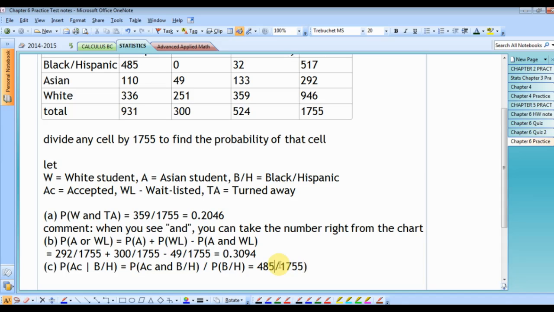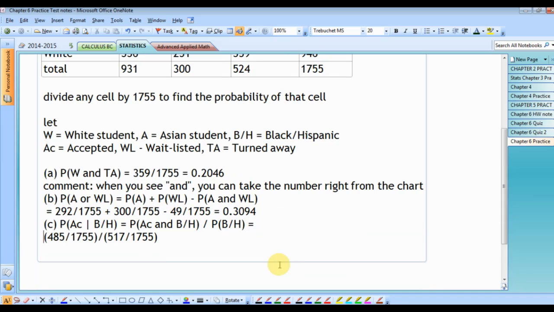And if you feel nervous, you may want to use parentheses. Divided by 517 out of 1755. Highly probable.